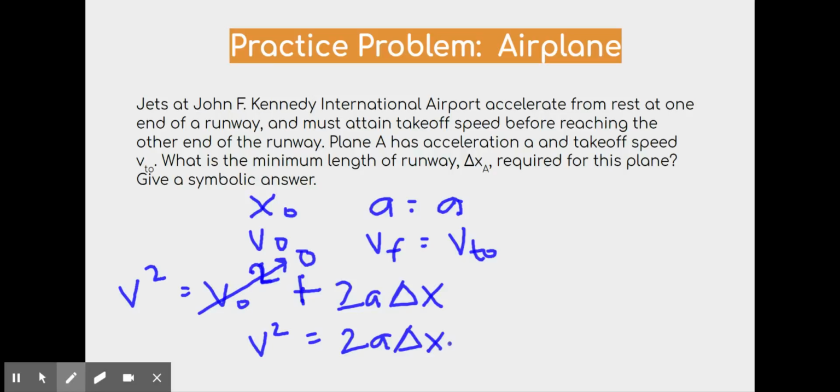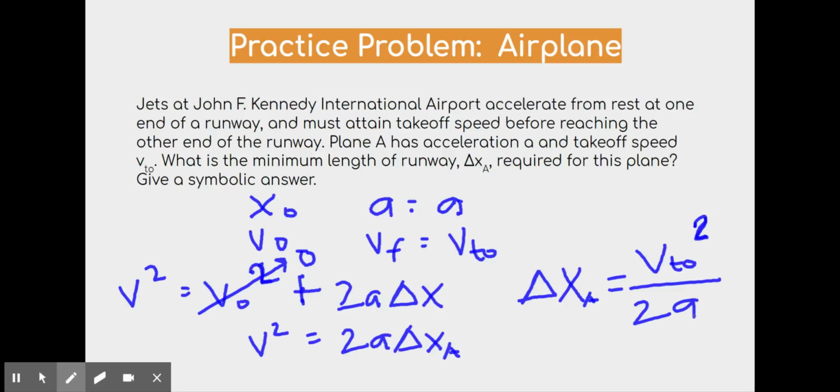And I forgot to put my little a down here. Well, let's just rearrange this to solve for delta x. Delta x a is going to be equal to v, and I forgot to change that out as well, and that's squared divided by 2a. And that is your final answer here. We're just rearranging equations.